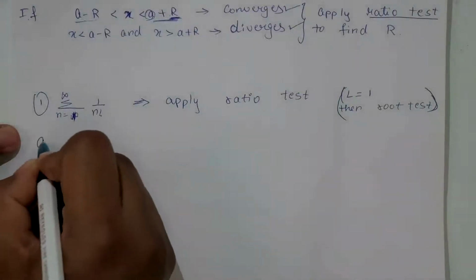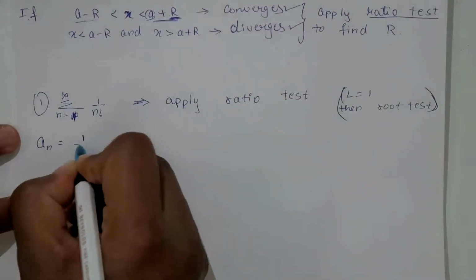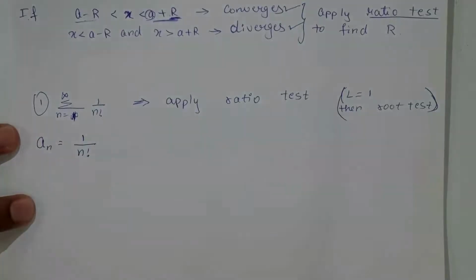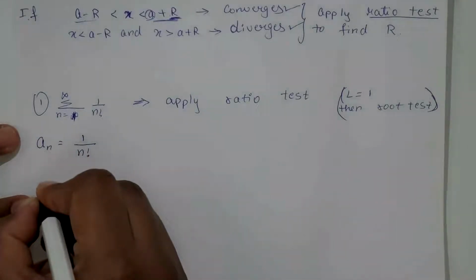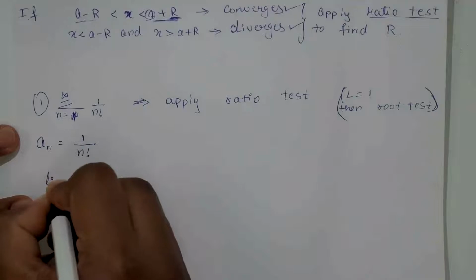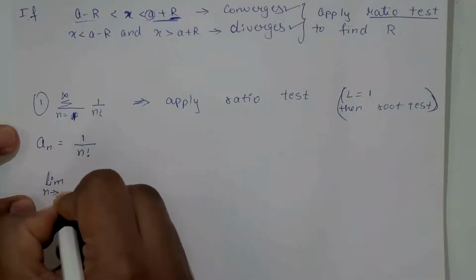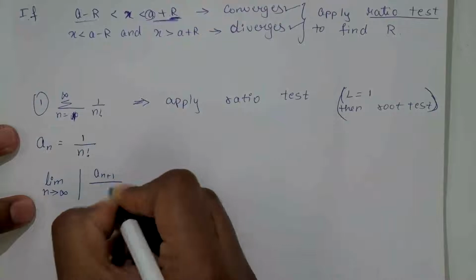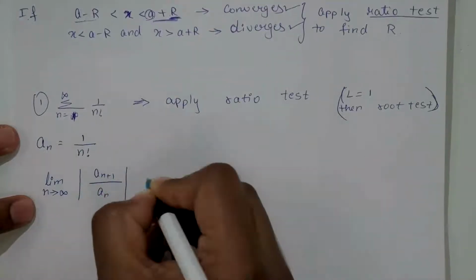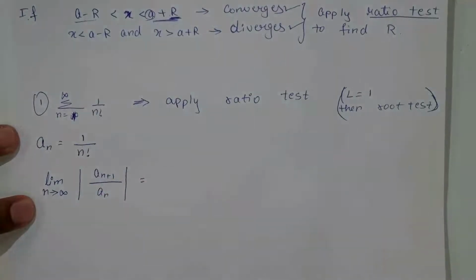So let us start. We know that an is equal to 1 by n factorial. It is given in the problem. Now, what is the formula for the ratio test? That is limit n tending to infinity, absolute an plus 1 divided by an, equal to absolute of.